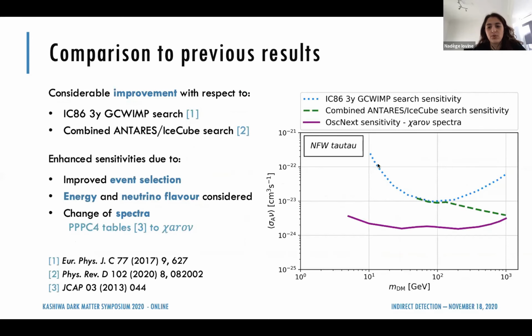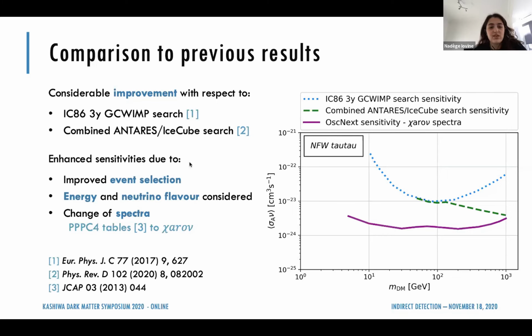You can see such a comparison on this plot, where our sensitivity is compared to the sensitivities of the two previous results, namely the IC86 3 years galactic search for WIMPs, and the recently published dark matter search combining data from ANTARES and IceCube. You can see that the sensitivity of this analysis shows considerable improvement, especially at low energy, where we even probe lower dark matter masses than in the previous results.